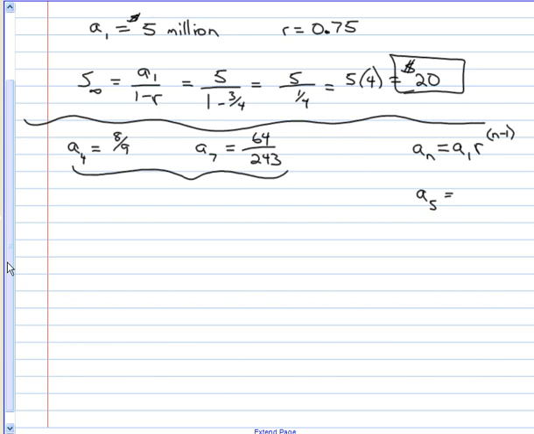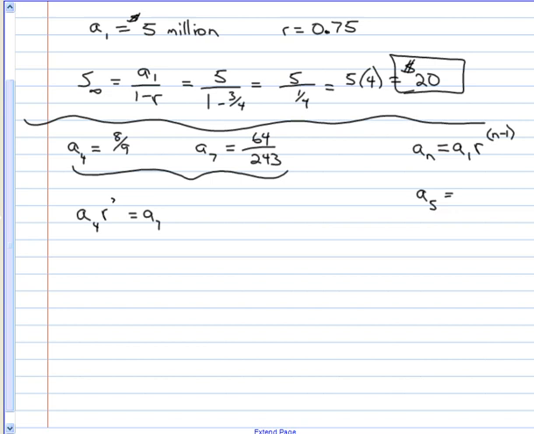Remember, a geometric sequence is where I take a term, multiply it by the common ratio to get the next term. Then I multiply it by the common ratio again to get the next term. Well, if I want to get up to the seventh term, how many times will I multiply by that common ratio to go from the fourth term up to the seventh term?